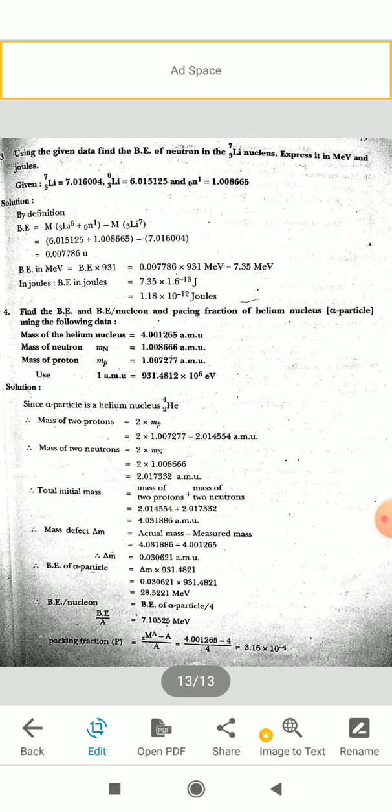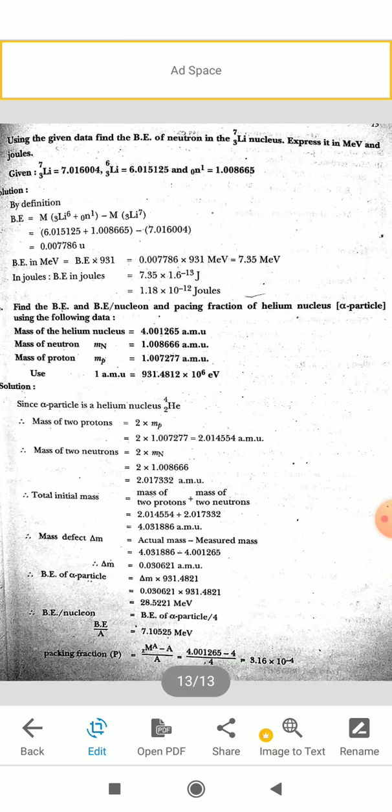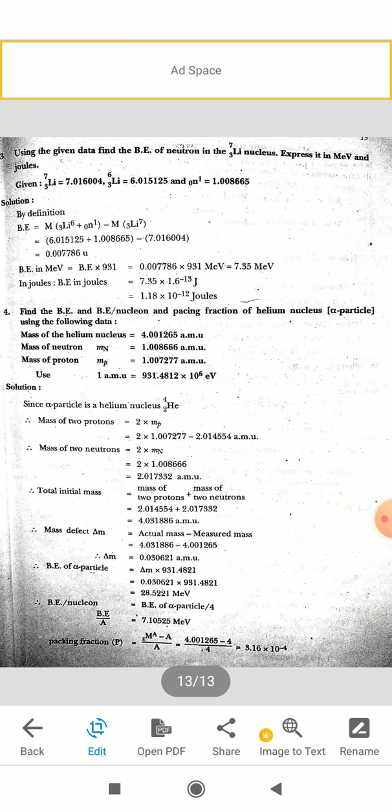The addition of lithium-6 and the neutron has a mass always greater than the mass of the lithium-7 nucleus. So we add and subtract 7.016, and we are getting the mass defect as 0.007786 atomic mass unit.